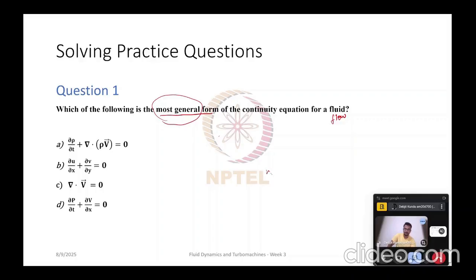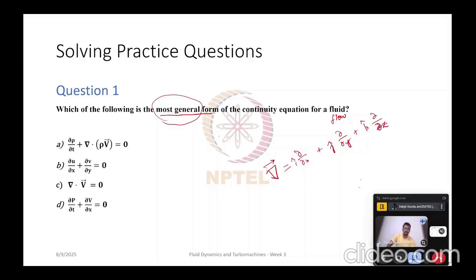So where we do nabla dot, so nabla is a vector over here which just represents i cap dou x plus j cap dou y plus k cap dou z.